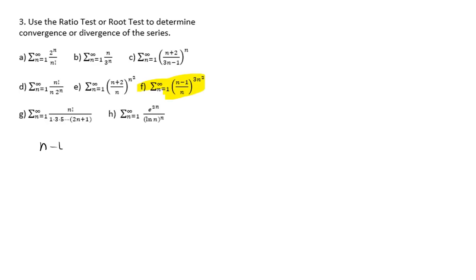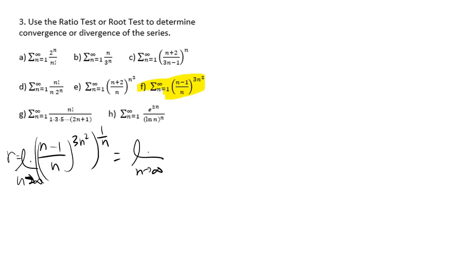Again, you have 3n squared, so that probably will work nicely with 1 over n. So we're going to take this limit, that's your r, which will give you the limit n going to infinity of ((n minus 1) over n) to the 3n.